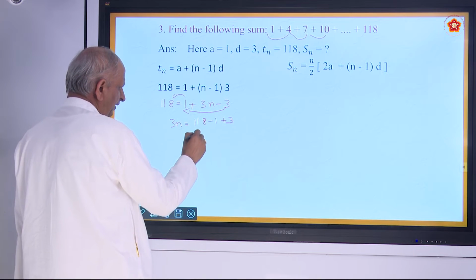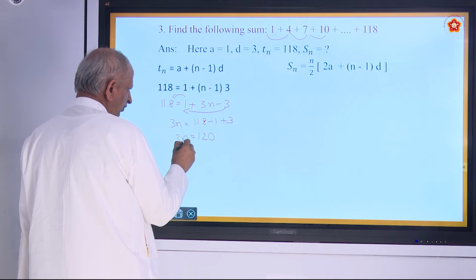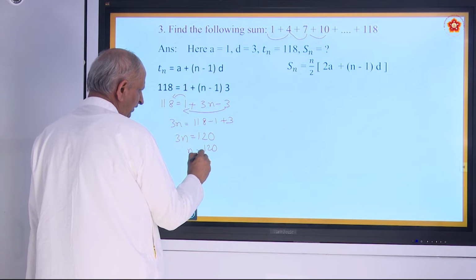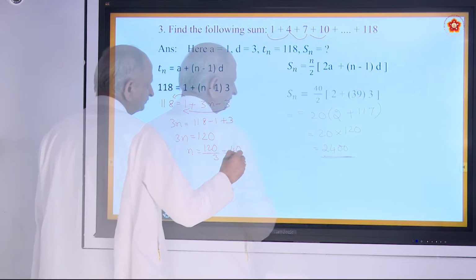So 121 minus 1 becomes 120. So 3n equal to 120, n equals 120 by 3. It is 40 you get.